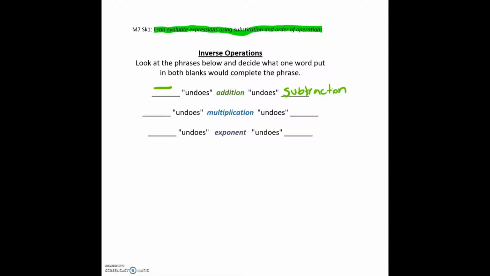All right, multiplication. What undoes multiplication? What is our inverse of multiplication? Again, I'm going to write that symbol, division. Division undoes multiplication, and that means multiplication undoes what? You guessed it, division.